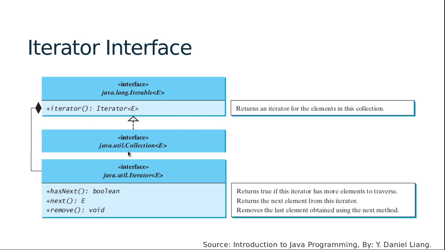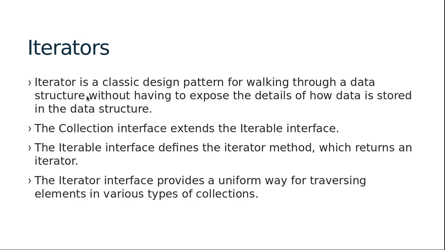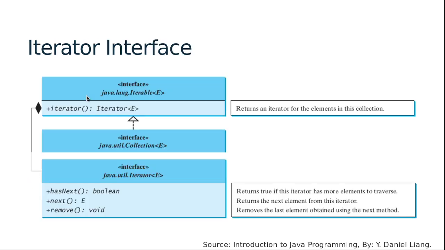So our collection interface extends the iterable interface. The iterable interface has one method, iterator. This iterator method is going to return an iterator object.